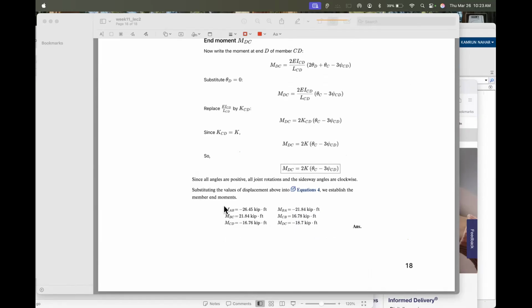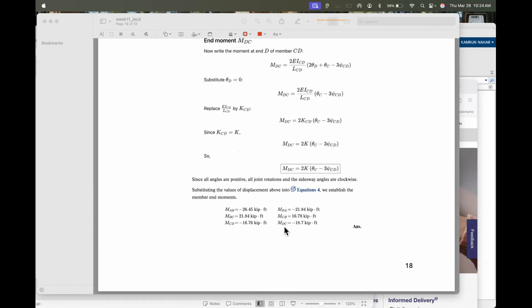I didn't show all the other steps because it's so easy. If you have 4 equations, you can solve them quickly, and you will get M_AB, M_BC, M_CD, M_BA, M_CB, and M_DC, all the values. I hope it makes sense, because it's the easiest math I have ever seen in my life.